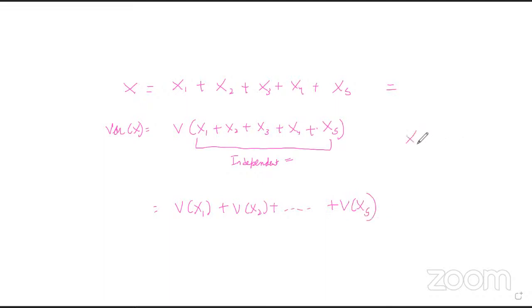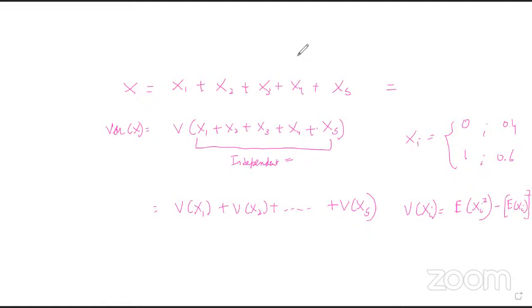Each of these x1, x2, x3, x4, x5 takes value 0 with probability 0.4 and 1 with probability 0.6. So what would be the variance of xi? For that we need to compute expectation of xi square minus expectation of xi, whole square.